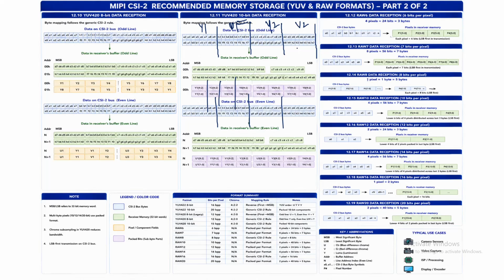In this way the data will be transmitted. See, Y1, Y2, Y3, Y4, again up to 7 luma values will be transmitted, and then chroma values we need to transmit like U1, V1, V2, U2. In this way we will transmit, and then it is storing also.